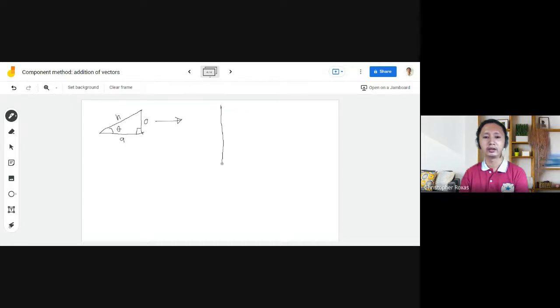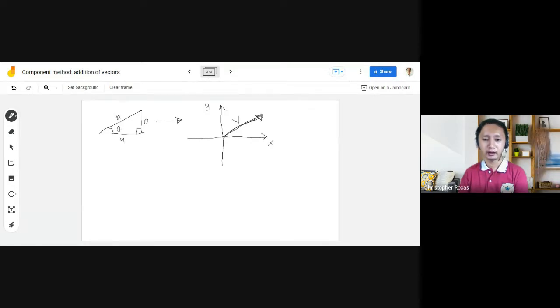So let me draw a Cartesian plane. Okay? Horizontal and vertical axis. So let's say we have a vector v and this is how it looks. Ayan, let's say that's a vector v. Okay? Since we consider it as the hypotenuse of a right triangle, therefore, vector v will have two legs. So, nasaan yung two legs niya?